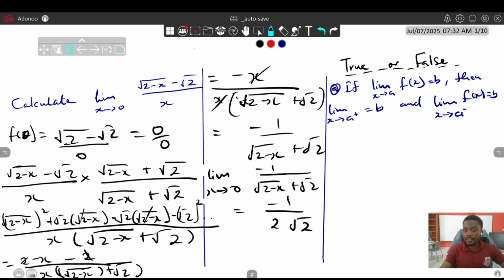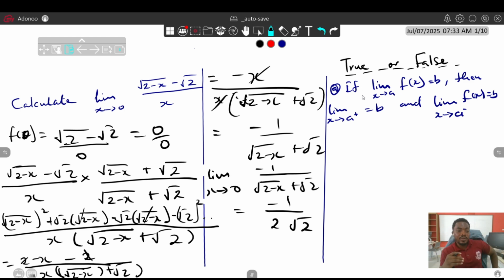So let's look at this other question here, which says true or false: if the limit of a function as x approaches a is equal to b, then the right-hand limit is equal to b, and the left-hand limit is equal to b.